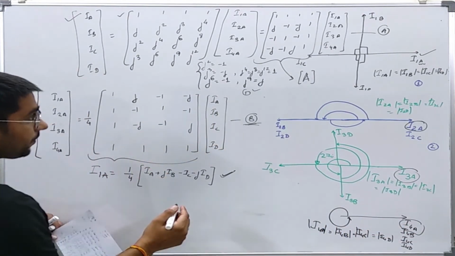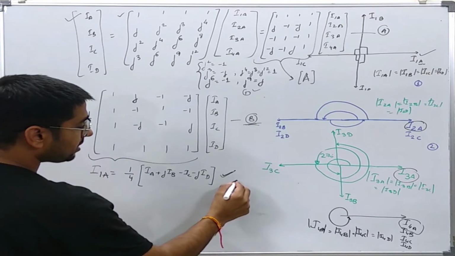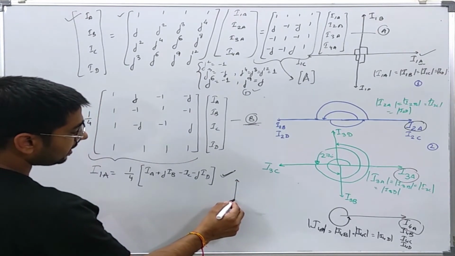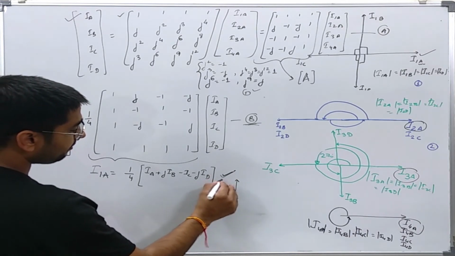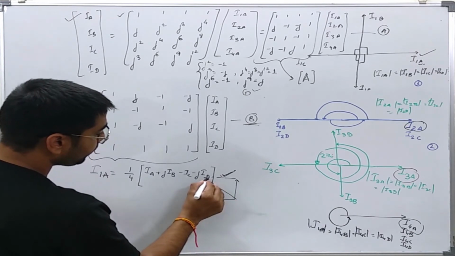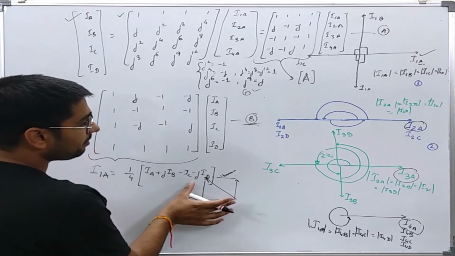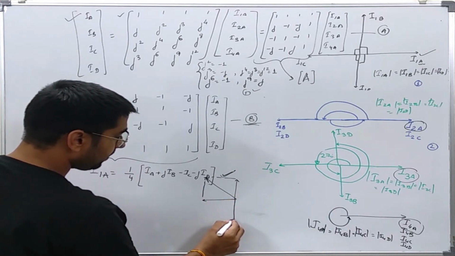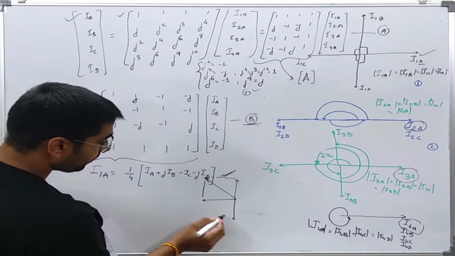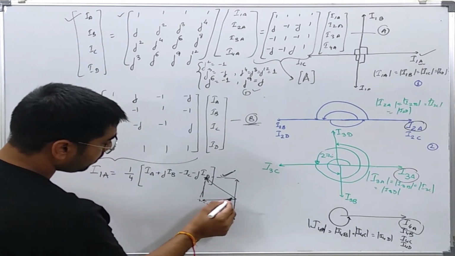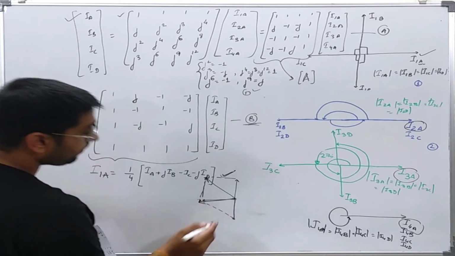That is, I1b is in this direction, I2b is in this direction, so their sum will give me somewhere here, and in this sum I will add I3b, which is here, so their sum will give me something here.